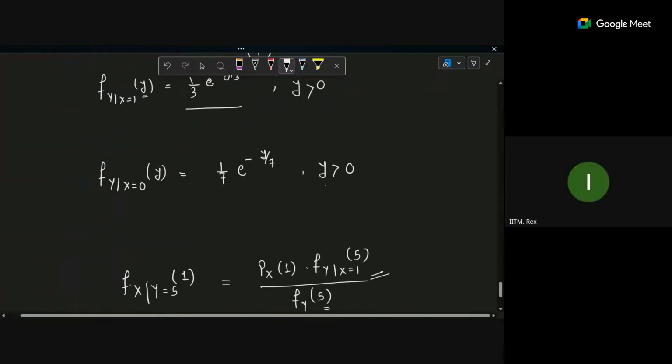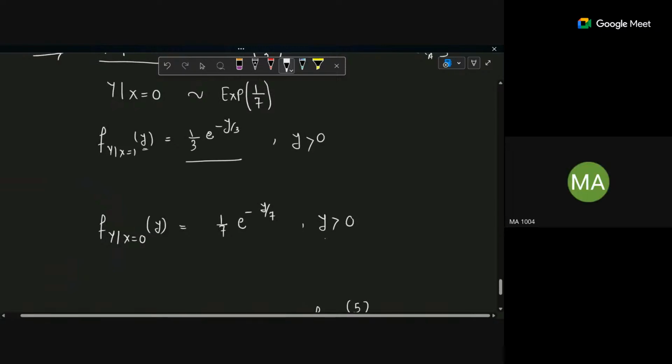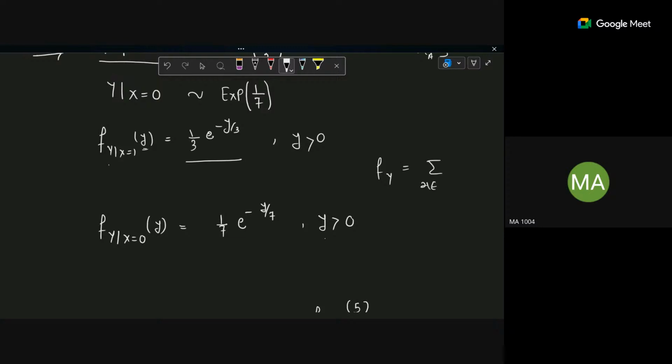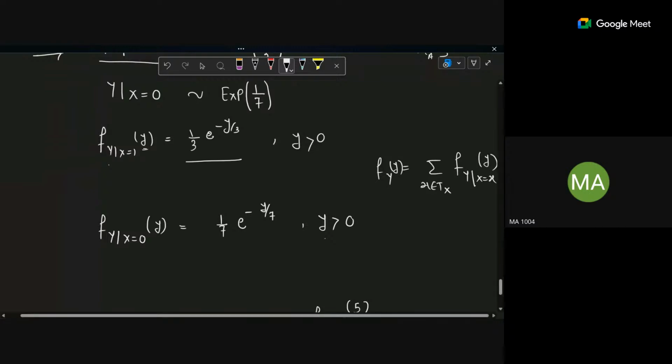You have to sum. If we want the marginal PMF of any random variable Y for which there is a given condition on a discrete random variable, then while computing this kind of marginal, we always sum over all the x belonging to the support of X such that f_Y given X equal to x. That's the marginal PDF of Y. Just note the domain at the same time, that y equal to 5 should belong to both, so we will just add it.